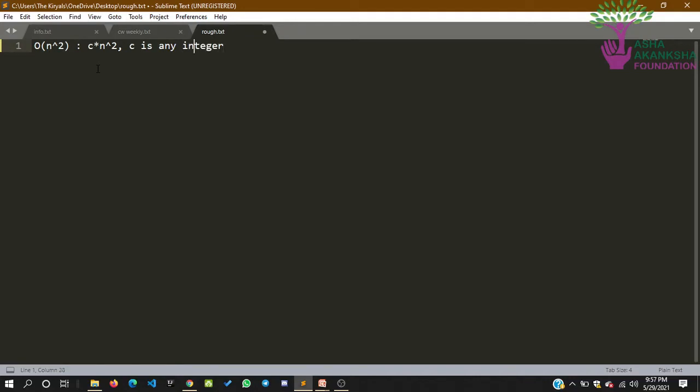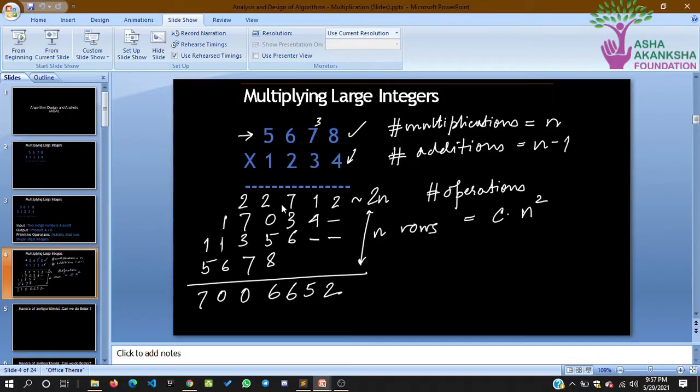So any algorithm of order of n square is taking place in c into n square time, where c is any integer. This is asymptotic analysis. I would prefer if you know the asymptotic analysis previously before starting this video.